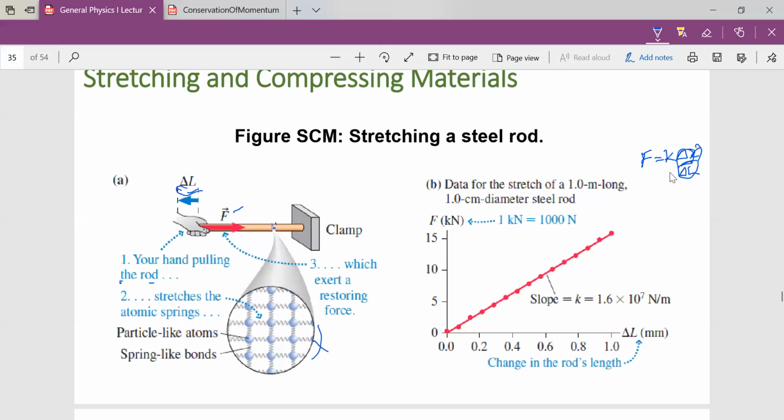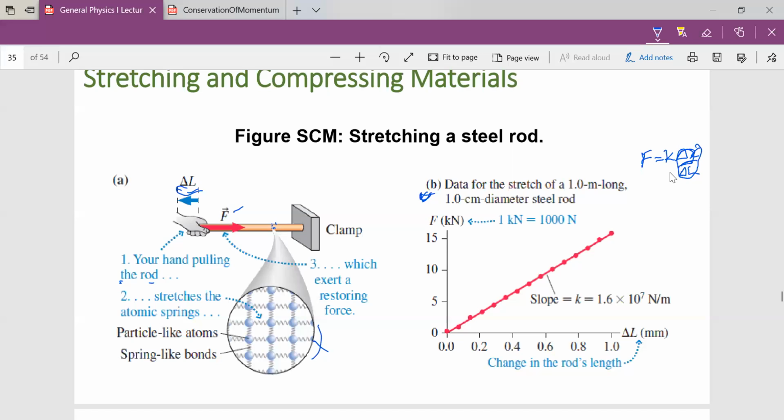Okay. So like the spring, the restoring force is proportional to length. That is what takes us to figure B here, where we can experimentally measure that little change in L. For a stiff body, that is, a body that is not easily or visibly responding to stretch or compression, it behaves like a stiff spring.